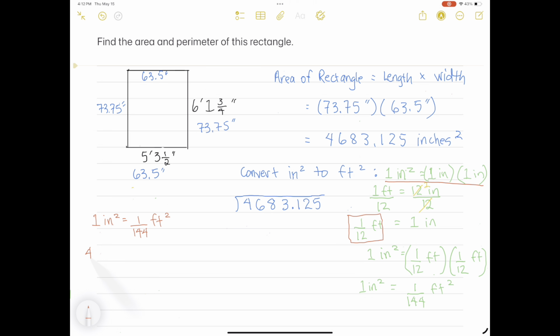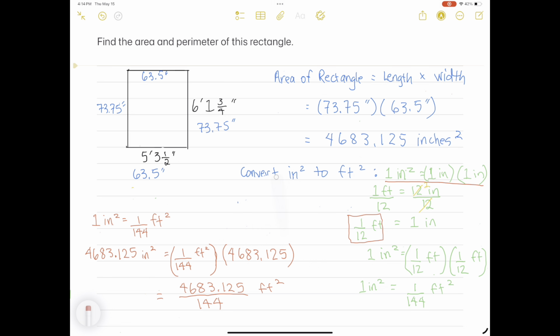So then 4,683.125 inches square equals 1 over 144 square feet times 4,683.125. We multiply the numerators to get 4,683.125, and the denominator would be 144. And we don't forget the unit, square feet.